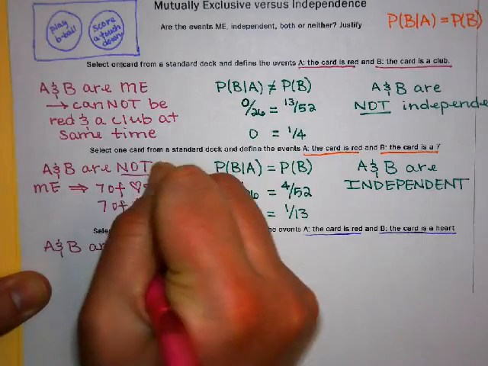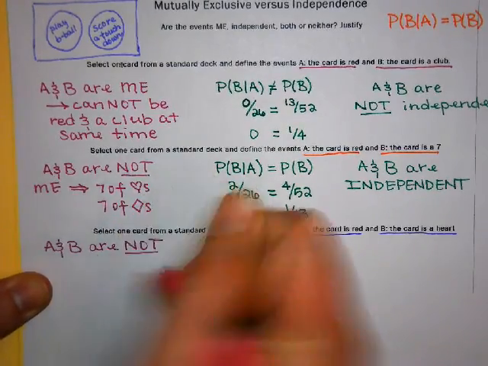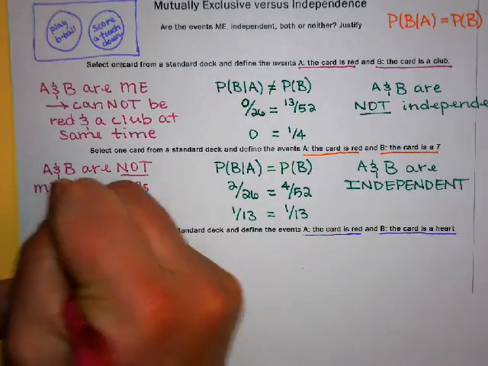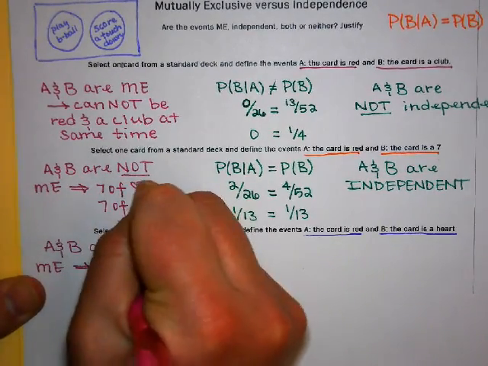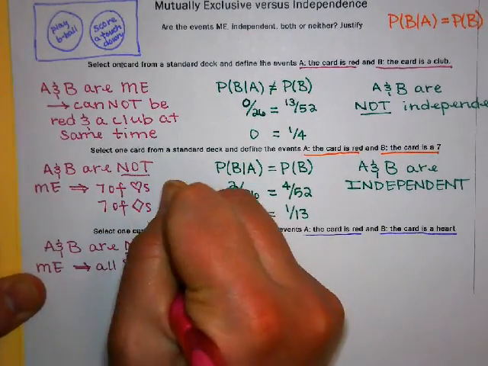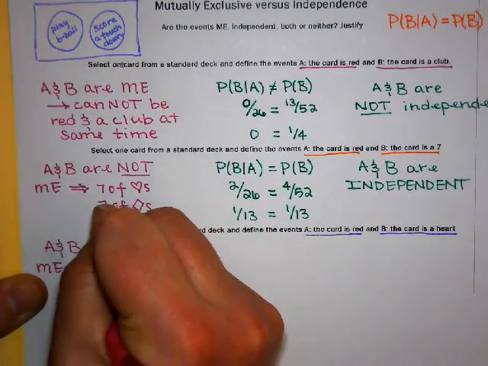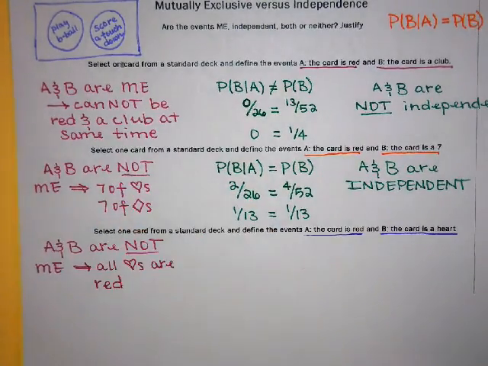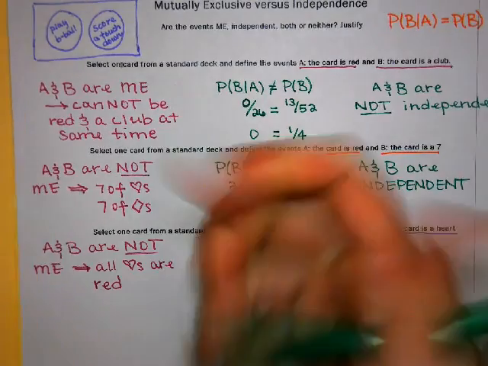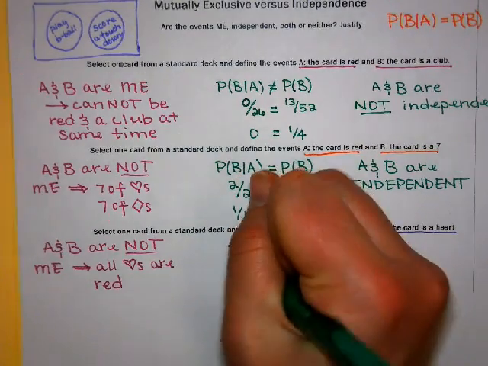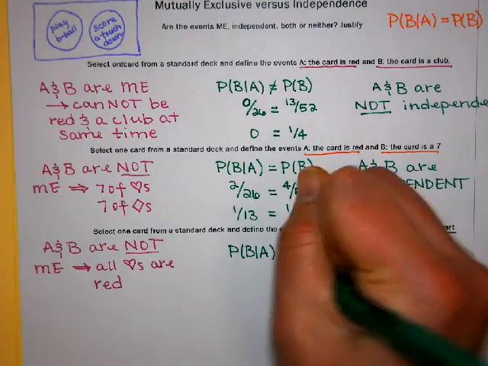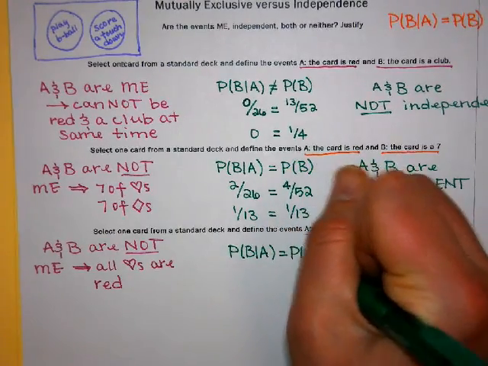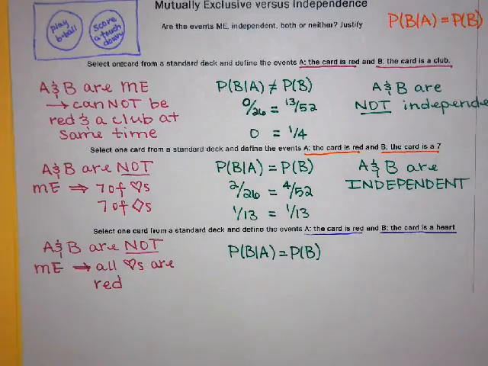For independence, we're going to see if the probability of B given A is the same as the probability of B. So A happened, the card is red, so I'm only looking at 26 of the cards, all the red cards. So out of those 26 cards, the red ones, how many of them are hearts?